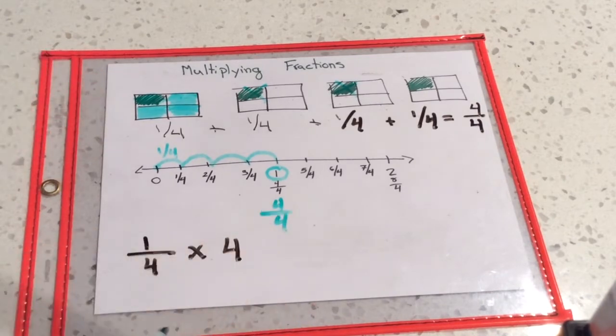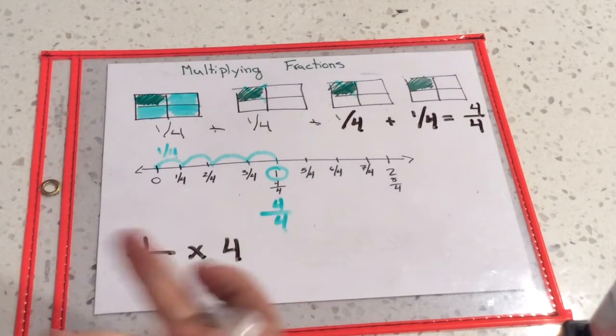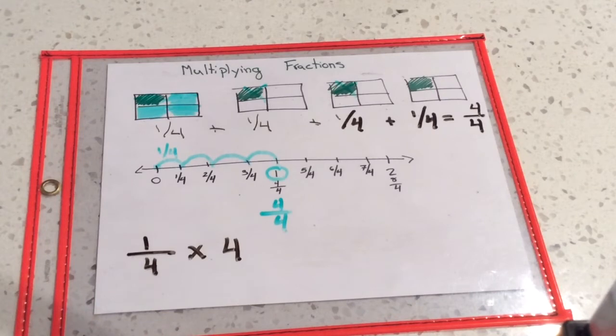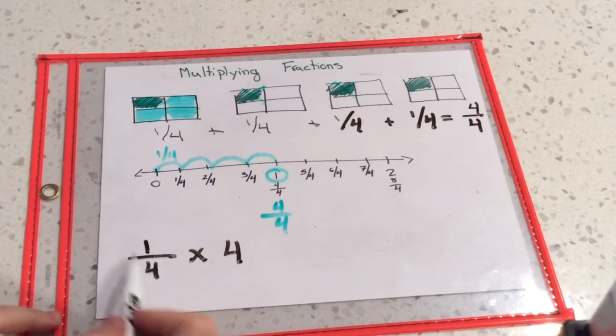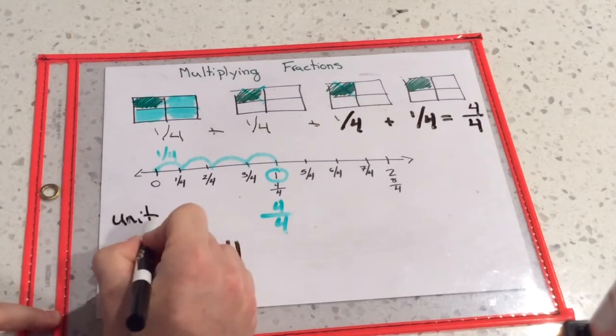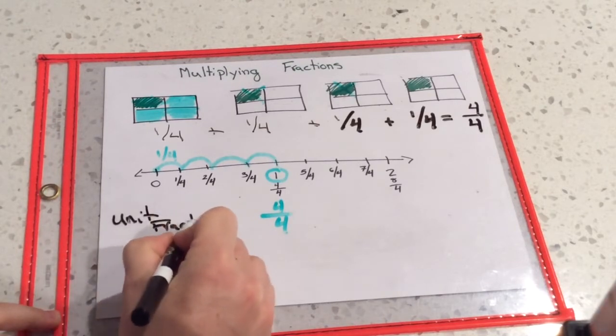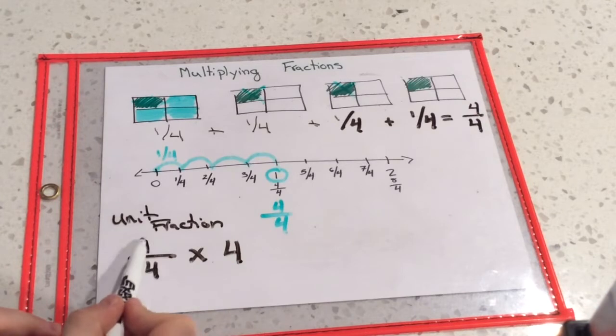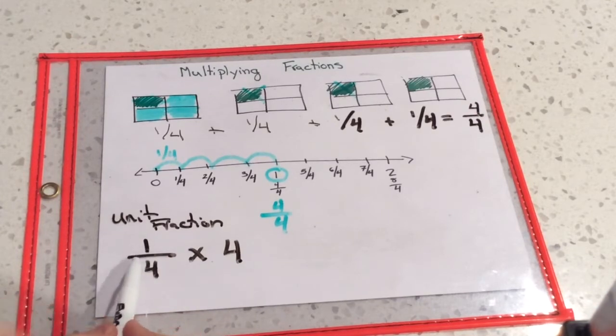So when it comes to multiplying fractions, today, when we first start with just an intro to multiplying fractions, you're going to be multiplying a unit fraction. So we could call this a unit fraction, because the numerator is 1, I might have said denominator a moment ago.